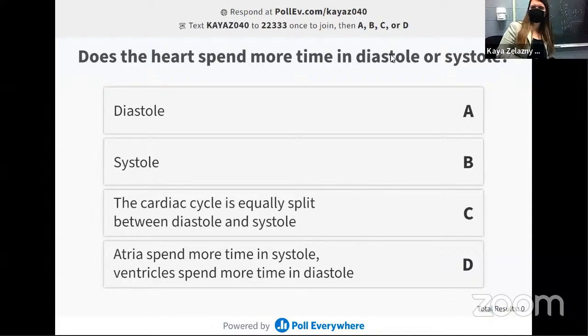Okay, so we're going to talk about our equation for finding mean arterial pressure, or MAP. So before we do that, we want to think about the heart. Do you think it spends more time contracting in systole, or do you think it spends more time relaxing in diastole? I'll note that those phases of the cardiac cycle we were looking at were kind of to scale. They were showing us how long each of those phases were as well.